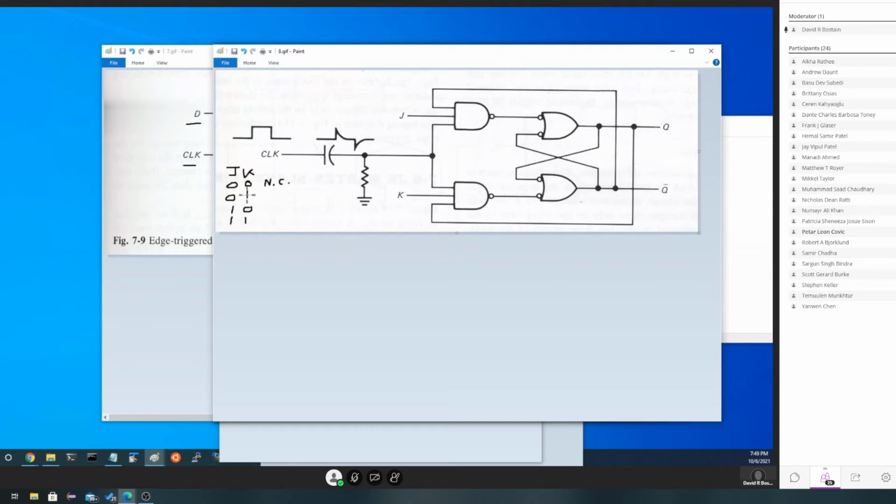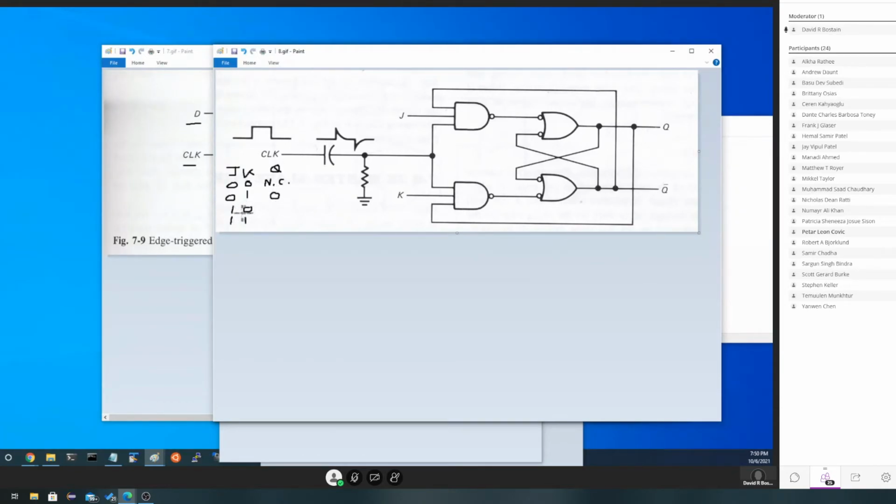Let's go back and look at the others first. What they say is Q will always be what J is if they're different. So we're trying to figure out what Q is going to be. If J and K are different and J is a 0, Q will be a 0.